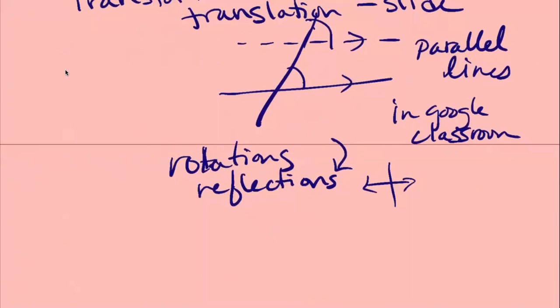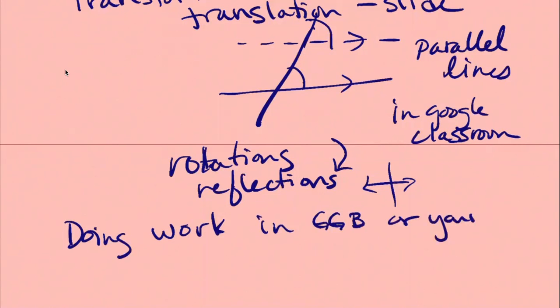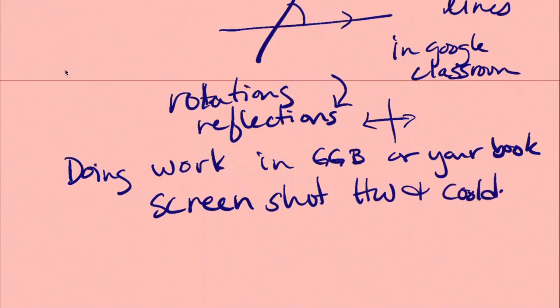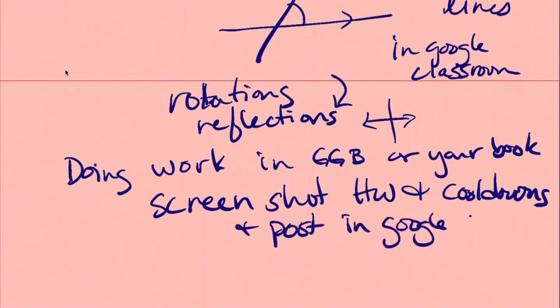So we got translation, rotation, reflection. Remember, if you are doing work in GeoGebra or your book right now until we get the app going, screenshot homework and cool downs and post in Google Classroom so that I can see it.